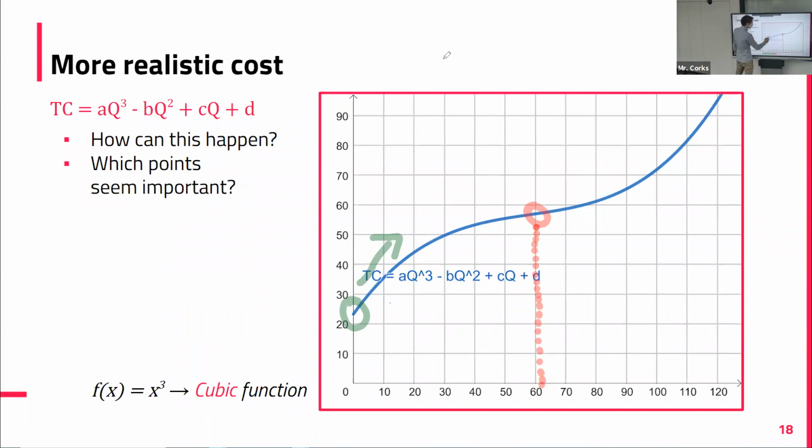But as we go, we kind of get this efficiency, right? The workers are better trained, or they work faster, or whatever. And then we get to some point in the middle, and it gets more efficient, but then the cost starts going up, curving up again. How can this happen?